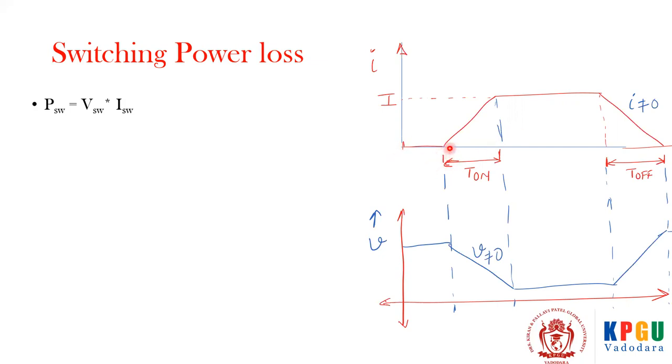This is the duration in which, before switching on, the current was 0 and voltage was rated. And now it is getting turned on. During that, current is increasing and voltage is decreasing. So this is the duration in which both the voltage and current are non-zero, so the product PSW is also going to be non-zero.